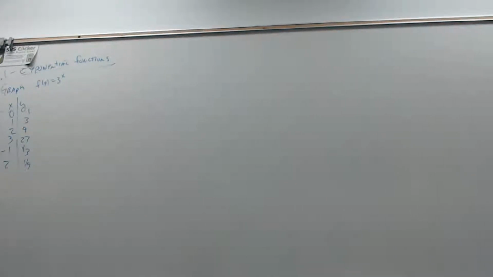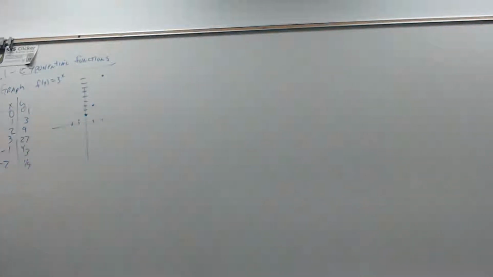Okay? All right, so let's go ahead and graph what we've got. 0, 1. Your x value 1 is wrong. It should be -2. Oh, sorry, -2. Yes, thank you. 3 squared is 9. 3 to the -1 power is 1/3. -2 is 1/9.